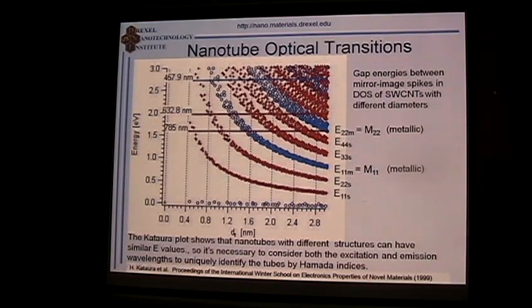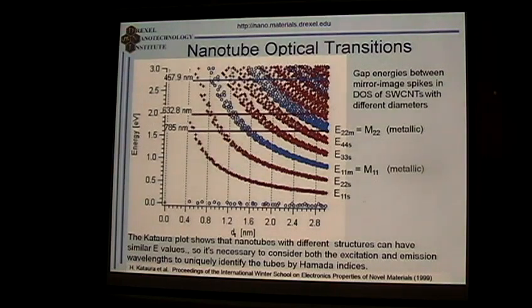And what appeared to be important is that for the same wavelengths, for the same energy, you can see several different nanotubes with different diameters giving you basically peak fluorescence at the same energy.